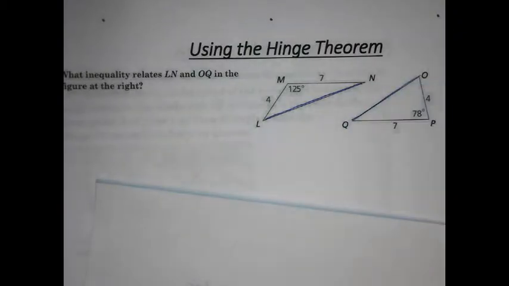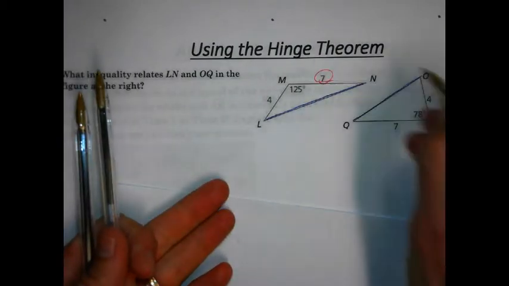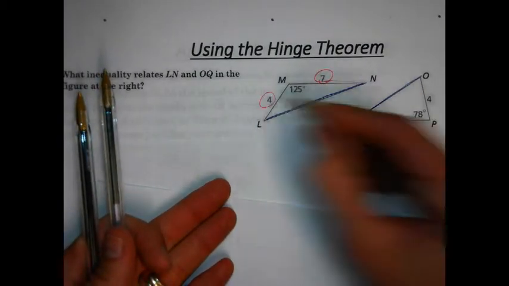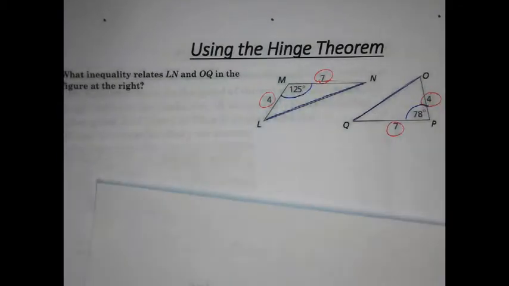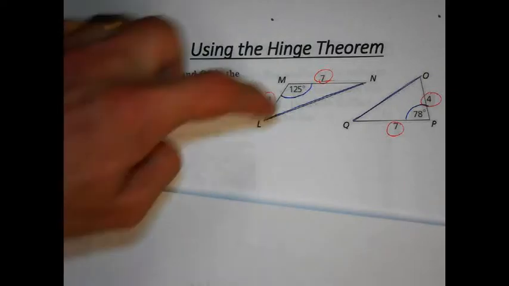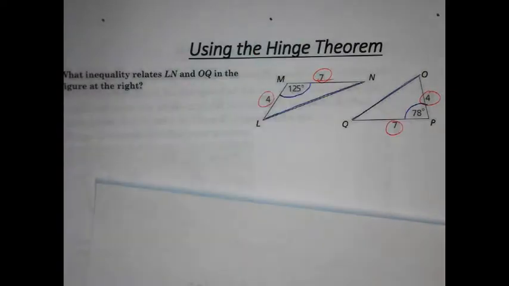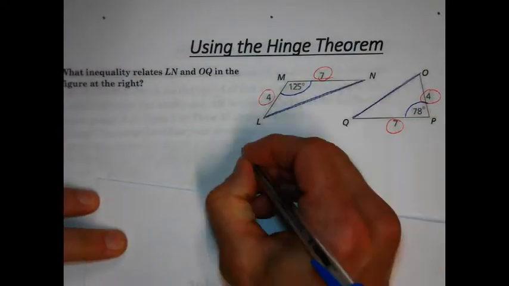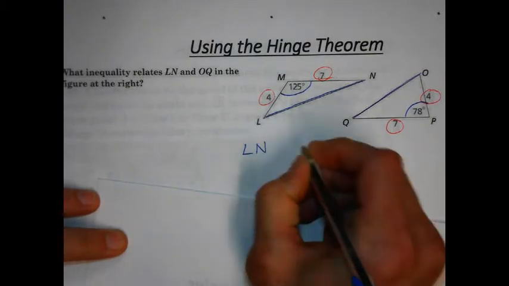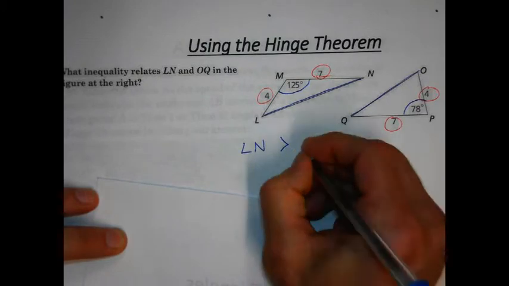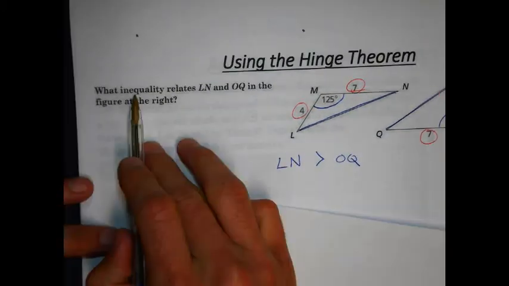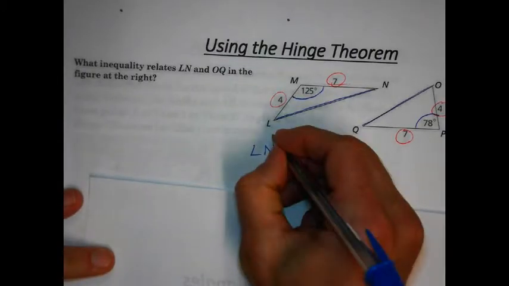Yes, because 7 is congruent to 7 and 4 is congruent to 4, so we look at the included angles. Clearly, 125 is bigger than 78. That means the side opposite 125, LN, is going to be greater than the side opposite 78, OQ. And that, my friends, is an inequality: something is bigger than something else.